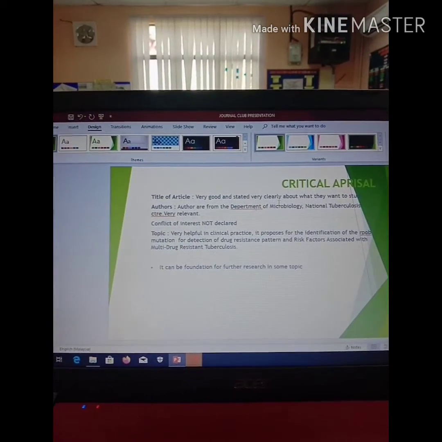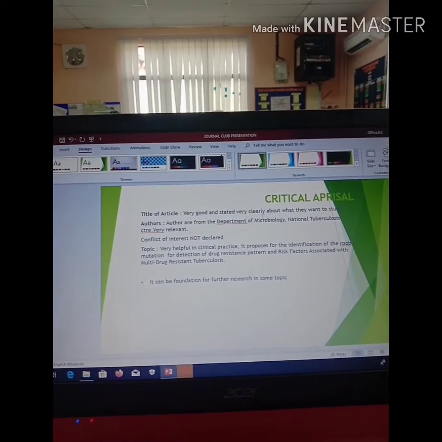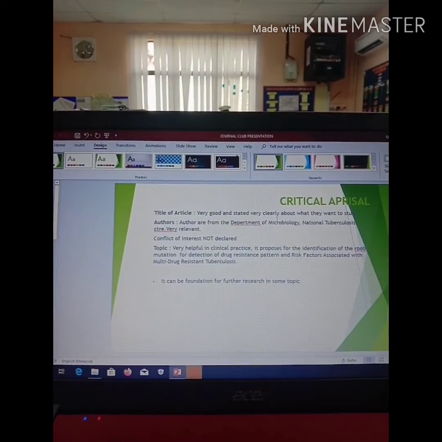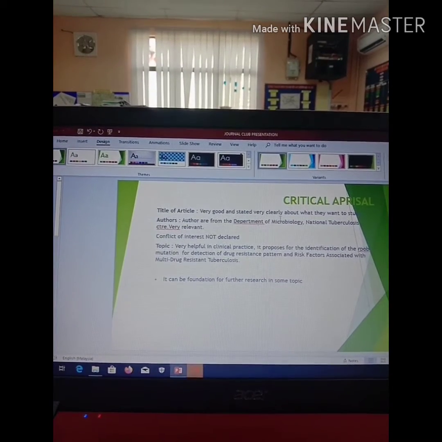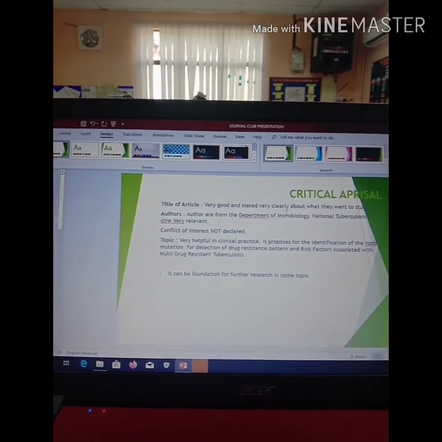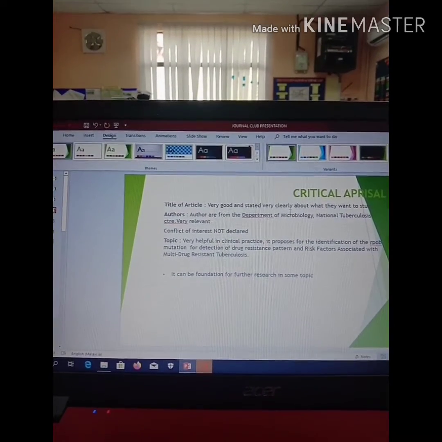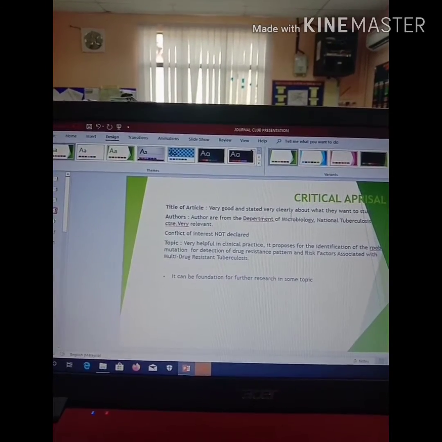Okay, for my critical appraisal, the title of the article is very good and states very clearly what they want to study. The authors are from the Department of Microbiology, National Tuberculosis Center, which is very relevant, and conflict of interest is not declared. By right, you have to declare.